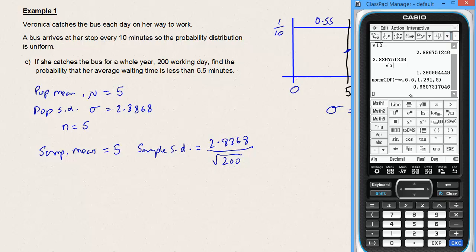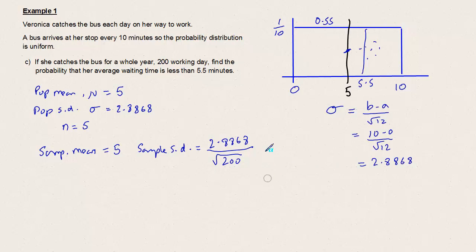So I'm just going to go back and edit this one. I'd like this 5 here to be 200. And that gives me 0.2041. All the other things, note, are the same except the n. The n's now 200, which we used here.